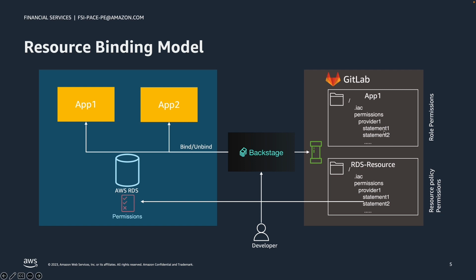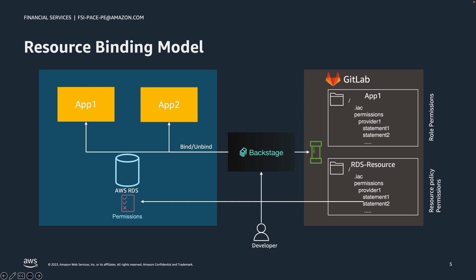That commit triggers a pipeline that applies the policy changes to the infrastructure, thus allowing the application to interact with this database. The developer can follow the same process to bind App 2 to the same database and have two applications bound to the same resource.